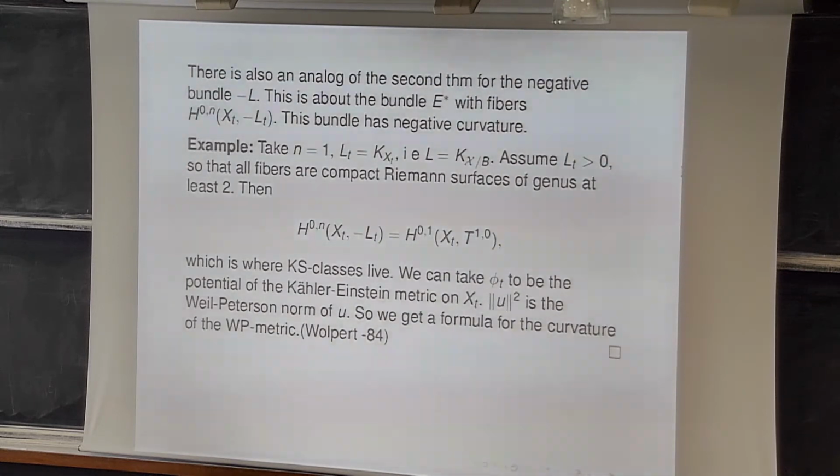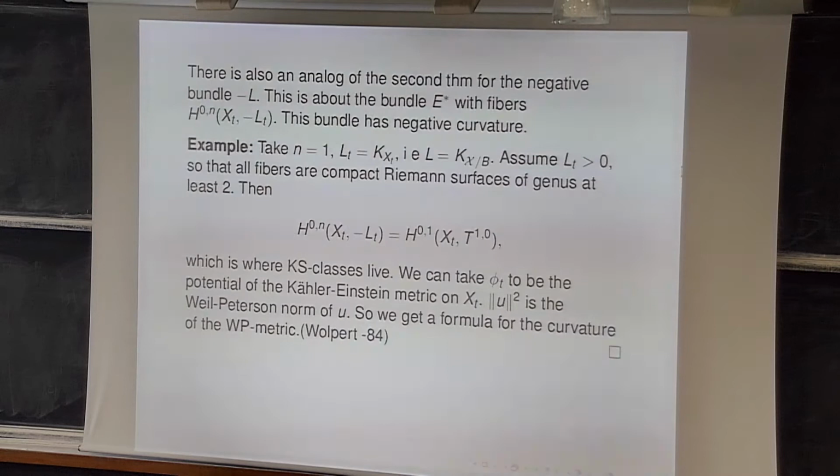And then you can now look at, instead of H^{0,n}(X_t, minus L_t), now it becomes H^{0,1}(X_t), and the dual of the canonical bundle, the canonical bundle being just the cotangent bundle, is the tangent bundle. So you get T^{1,0} of the fiber X_t. I should have written that.